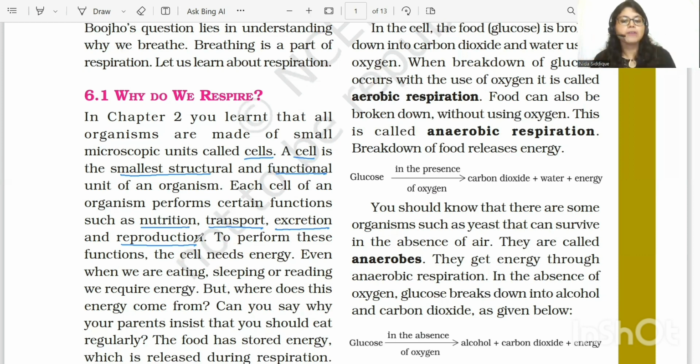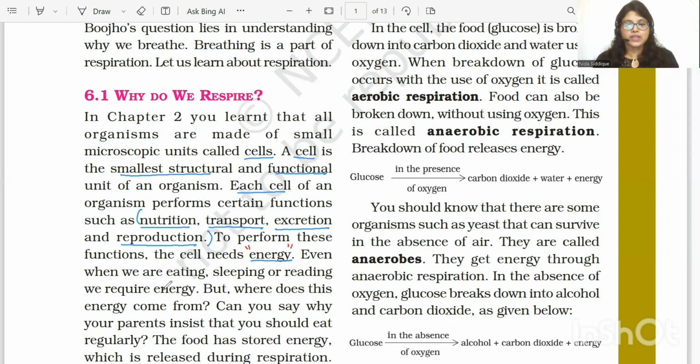So ये जितने भी functions हैं, these are performed by cells. So these are some essential functions that are present in all the living organisms that are performed by the cells. So to perform these functions, cell needs energy. अब इतने important functions cells को perform करना है, cell को कुछ तो चाहिए in return, right? So the cell needs energy.